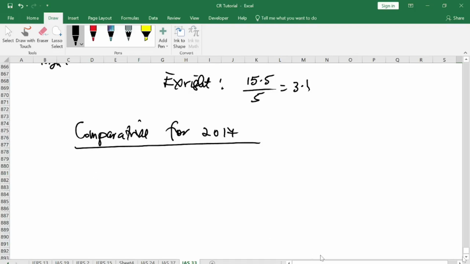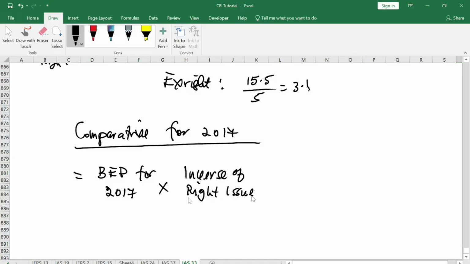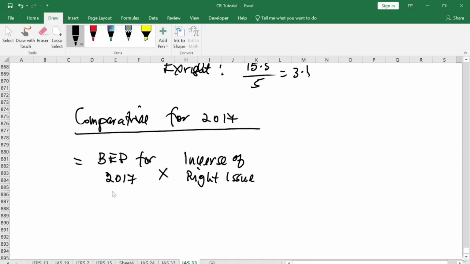What they mean here is this: pick basic earnings per share for 2017, then multiply by the inverse of the rights issue factor. You are reporting for the 2018 accounting year, and there is a rights issue in 2018.